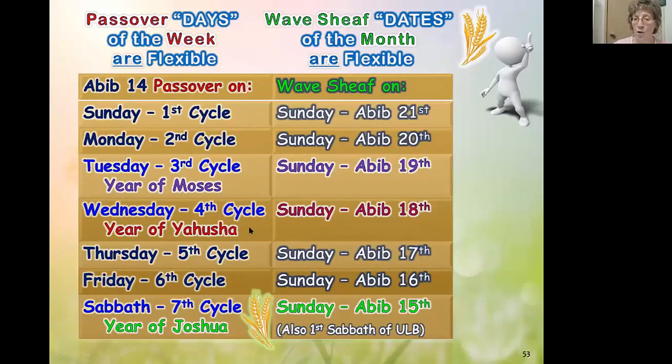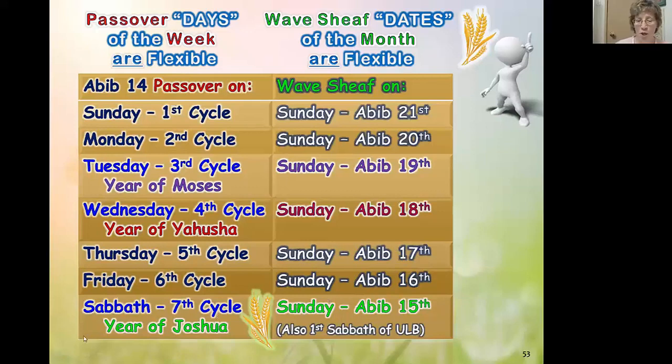In Yahusha's year calendar, on a Wednesday cross, with the Passover on the 14th in the midst of the week, Sunday was wave sheaf on Abib 18. It's a different date. If you have a Thursday Passover, your wave sheaf is on the 17th. It's always the first cycle of the week, but now it's on the 17th. And Friday, you'll have a wave sheaf on the 16th.